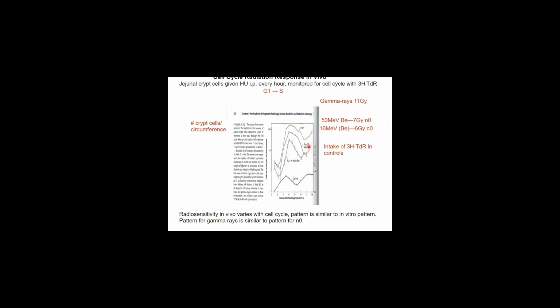And then here are the gamma rays. Here is the neutron data. So if one compares gamma rays to the high LET neutrons, no matter what the energies are, at the end of the day, they all show this cell cycle effect. It's more dramatic, however, for X-rays and gamma rays, and we will talk about that a little bit later as well. And here's the cell cycle in the controls as it's going through.